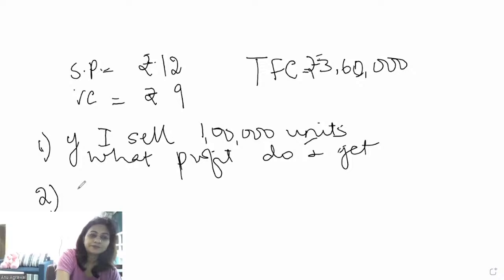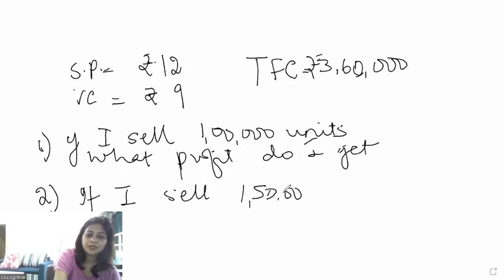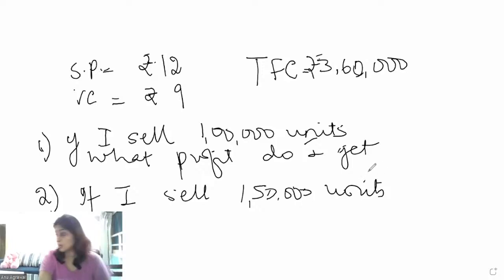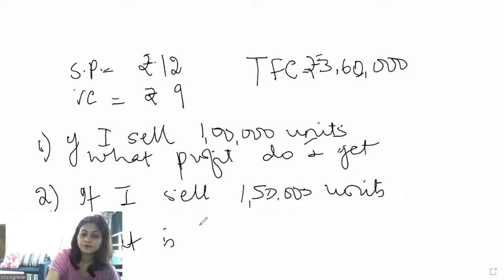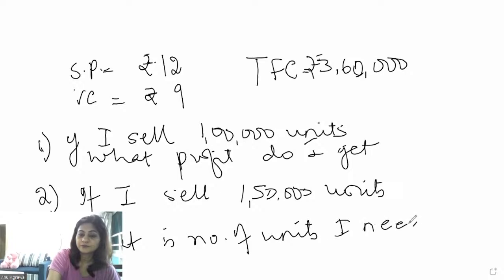Second question, if I sell 1,50,000 units, what profit do I get? And what is the point? What is the number of units I need to sell so that profit is 0?